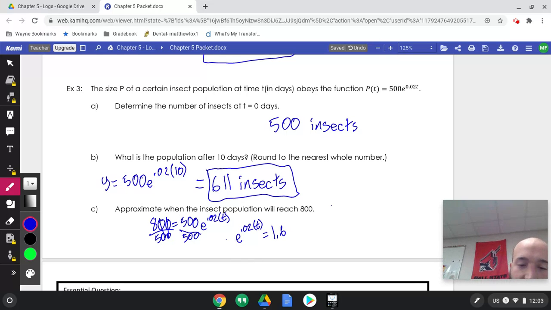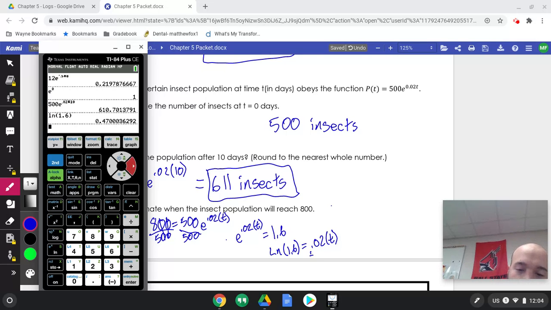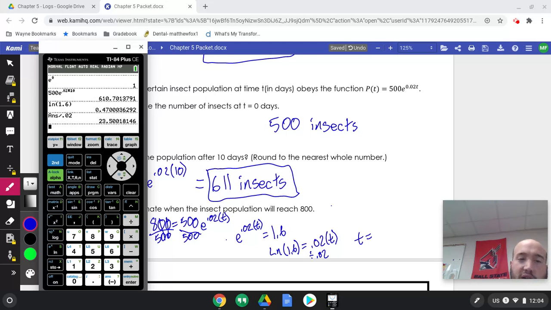So we know that the ln of 1.6 will equal that 0.02 times t. So from here, we can just take the ln of 1.6. Now, we still need to divide both sides by that 0.02. And if we do that, we take our answer and divide it by 0.02. And we will get 23, let's round it to the nearest tenth. I forgot to put that, but 23.5 days.